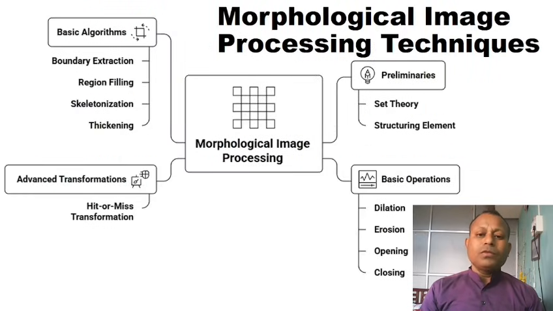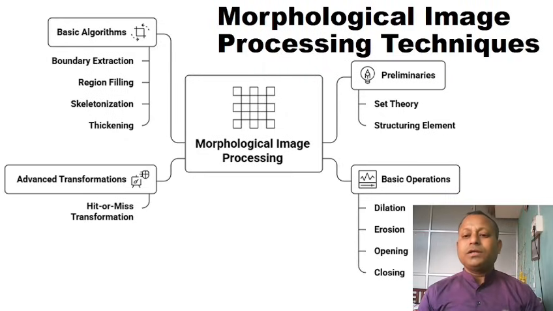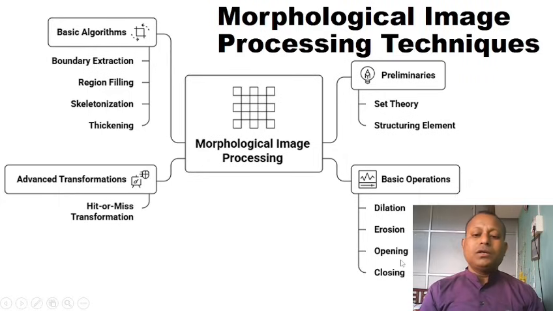Morphological image processing techniques include four key steps. This starts from the preliminaries, based on set theory and structuring elements. The basic operations include dilation, erosion, opening, and closing on sets and structuring elements.